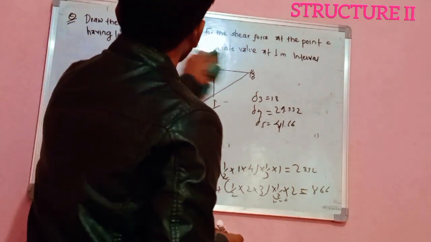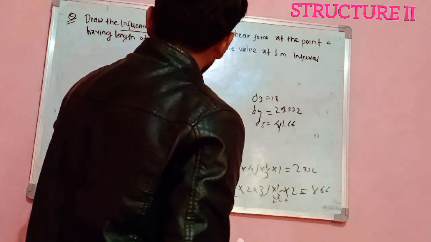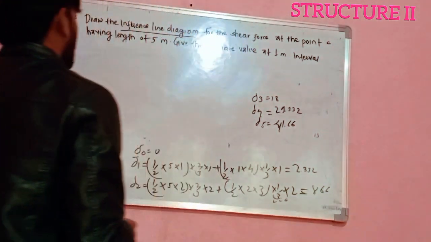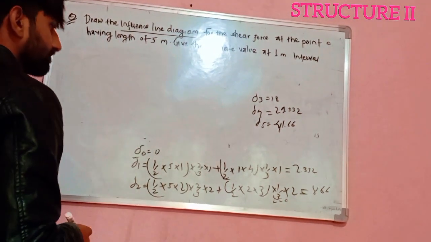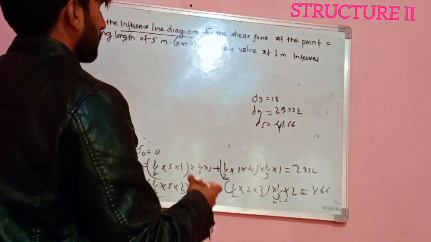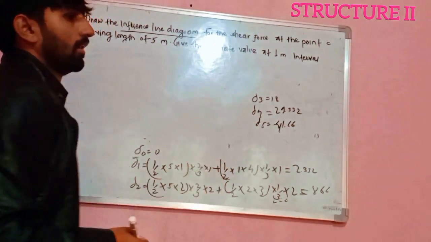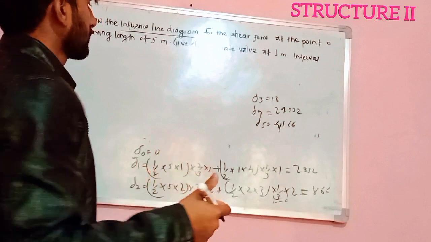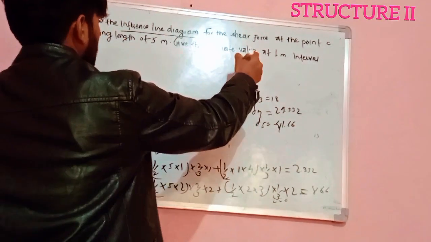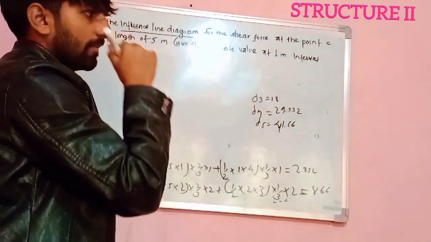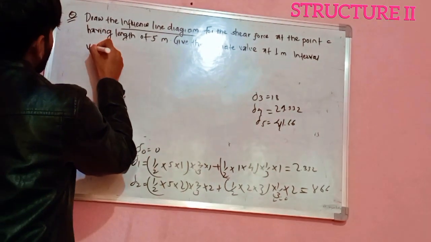So now coming to the ordinate of the ILD for the reaction at B, that is BV.